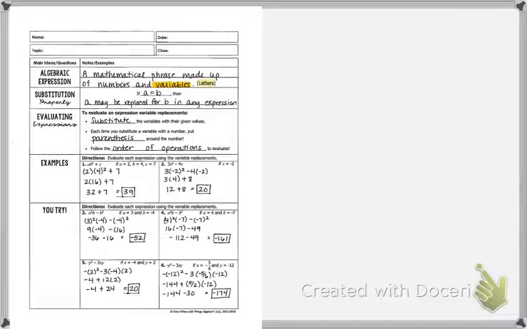Say for instance, on our examples, we have problem number 1, and all of these are worked out for you already. These are your variables and the value of each variable.